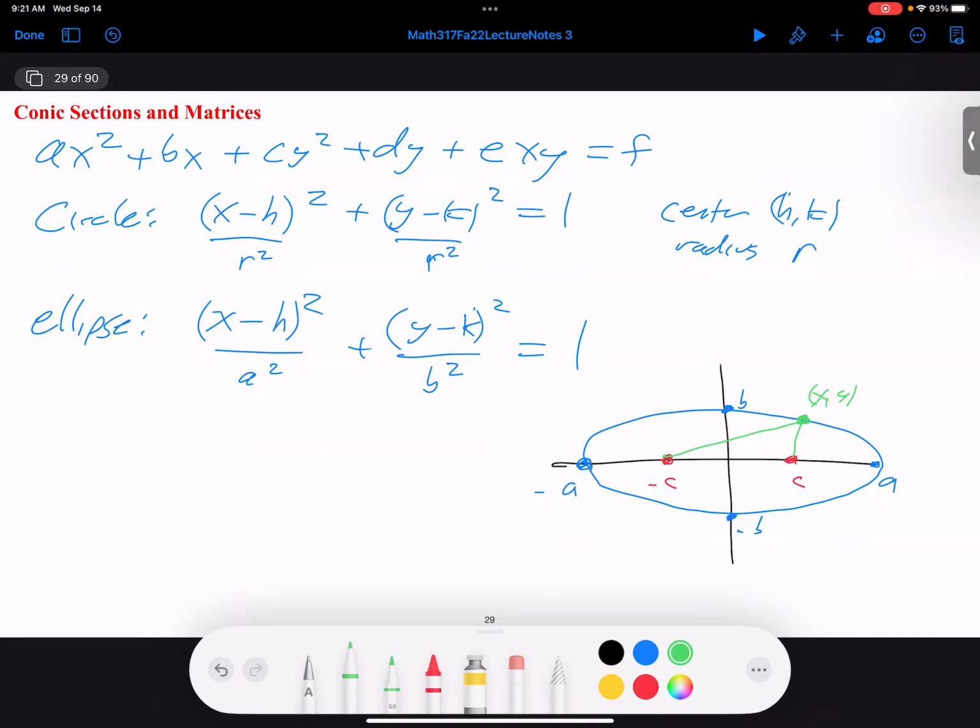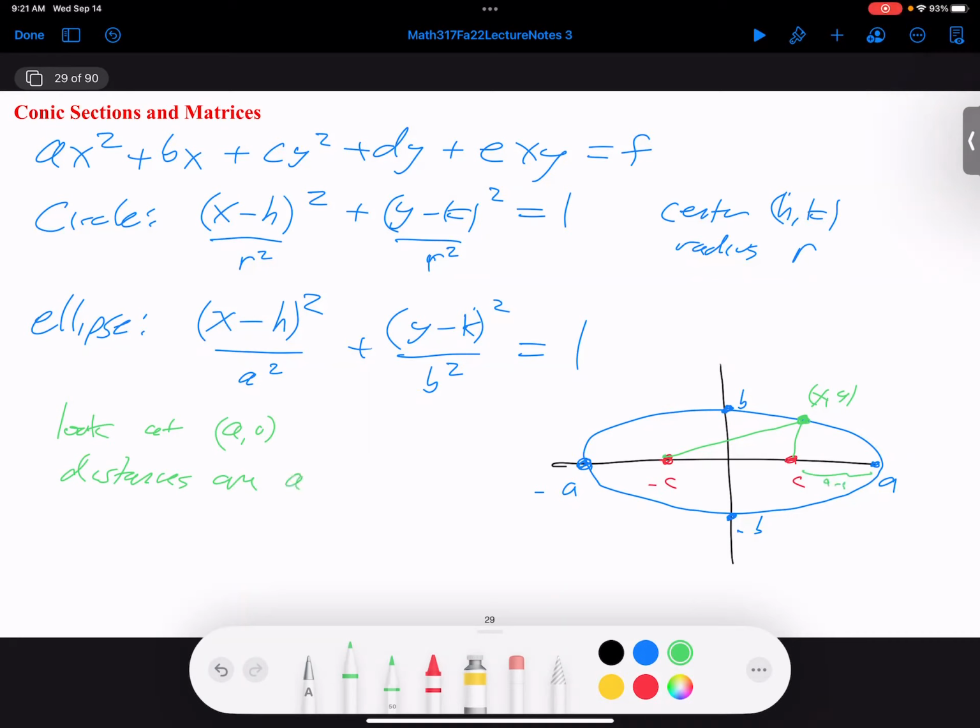If it's b and minus b, you have to figure out the distance to the two foci. Oh, a and minus a. I think a and minus a is much easier. So if we look at the point (a, 0), this distance here is just a minus c.